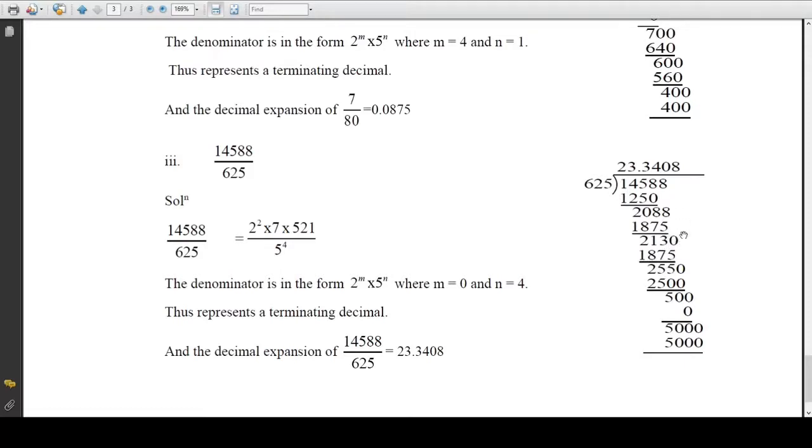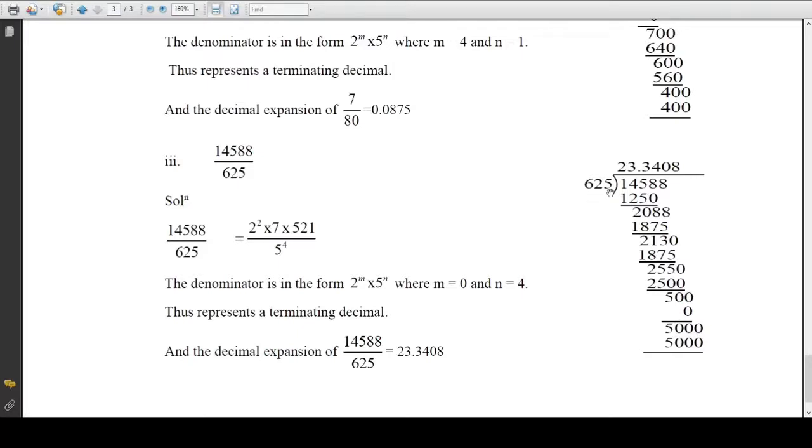Then you drop down 0, it will be 2550. Then 625 you go with 4, will be 2500. Then we get 50 from here, and drop down 0 will be 500. If you go 1 it will be 625, bigger than 500, therefore you go with 0. Then you have 500, again drop down 0, will be 5000.